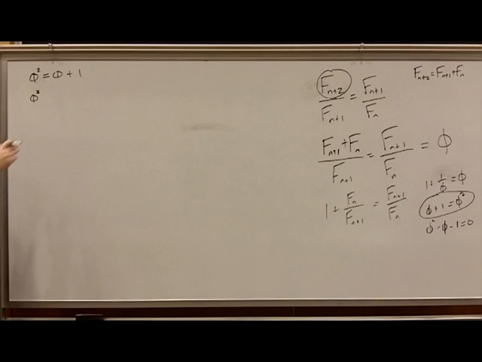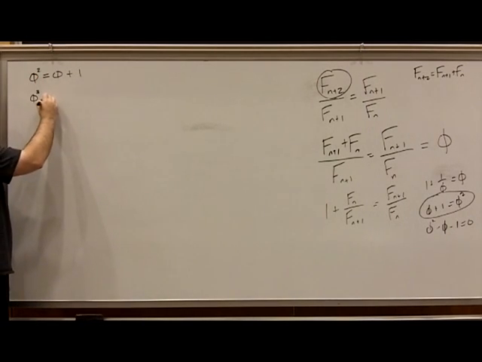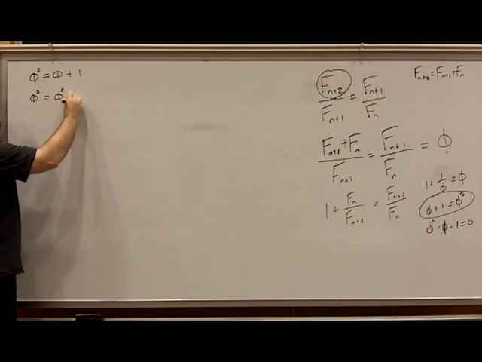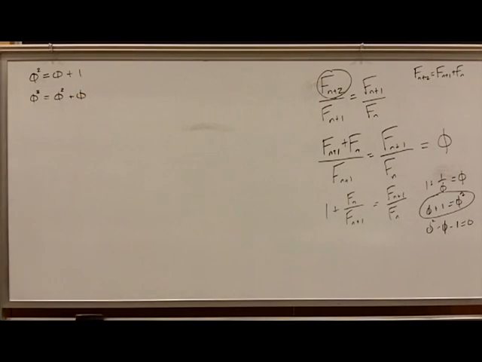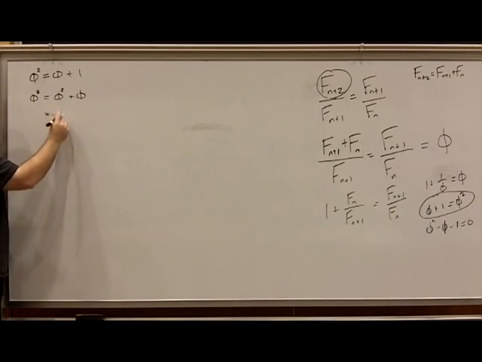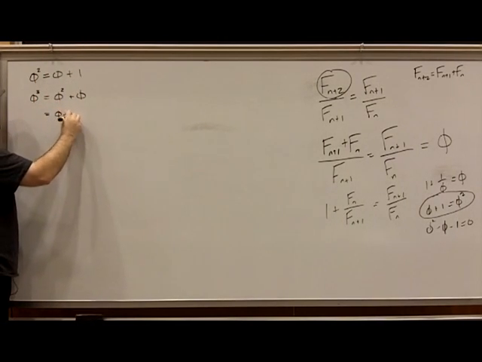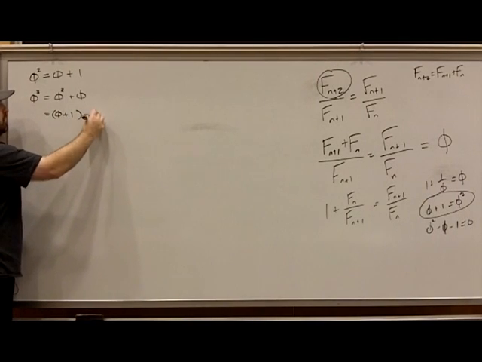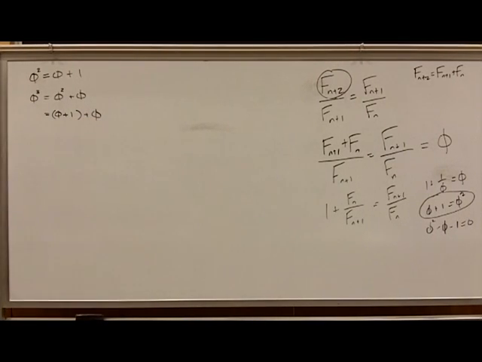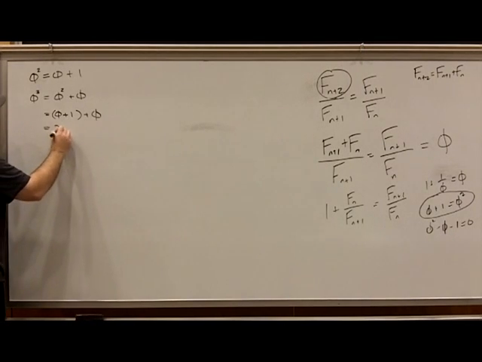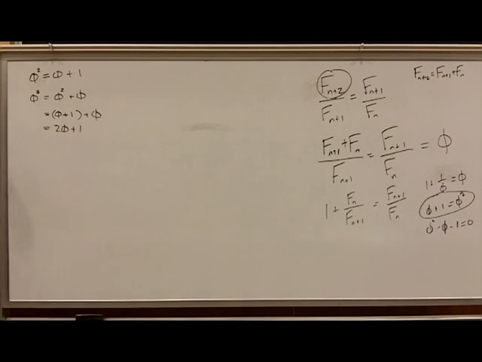And if we take a look at this, if we multiply both sides of this equation by phi, we end up with this. And looking at this, we can rewrite one of the characters on the right-hand side, this guy right here, just to get another look, just to write something in two different ways, and we've got 2 phi plus 1.